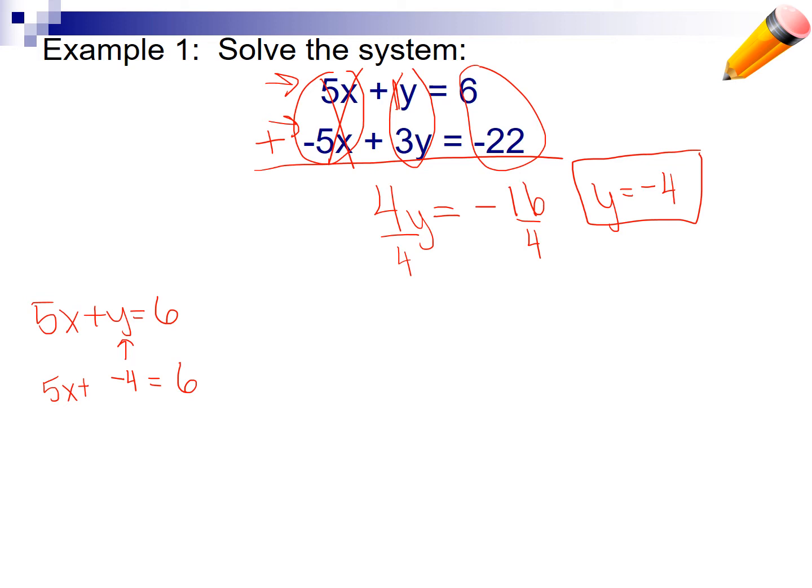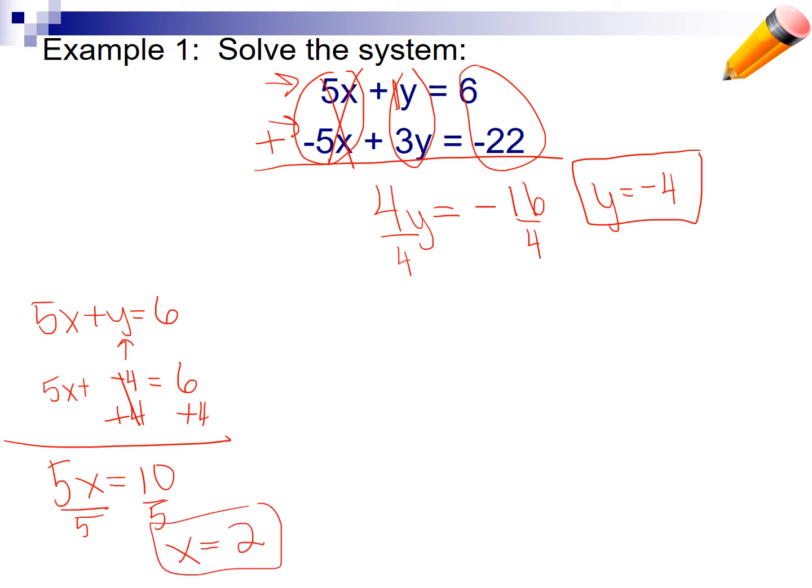Well, we need to solve for x now, so we have to do the opposite of whatever's being done to x. My first step would be adding 4 to both sides. It's going to get rid of this 4. 5x is equal to 6 plus 4, which is 10. Divide both sides by 5, and x is 2.